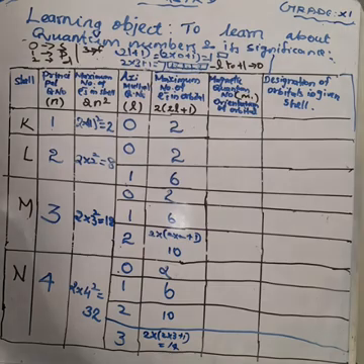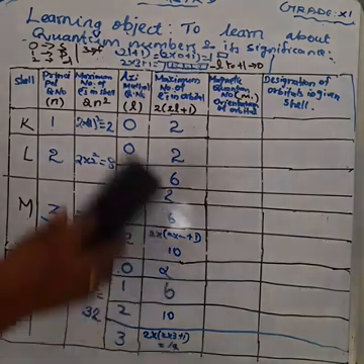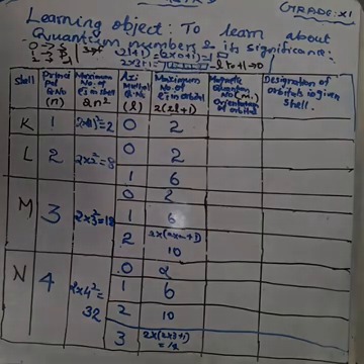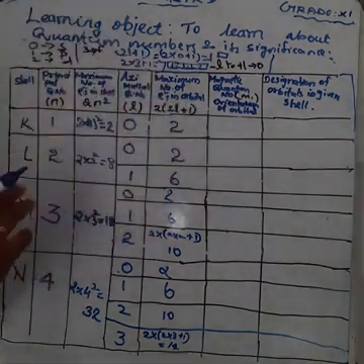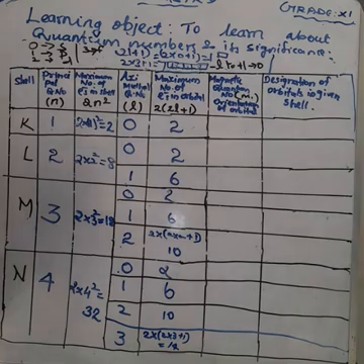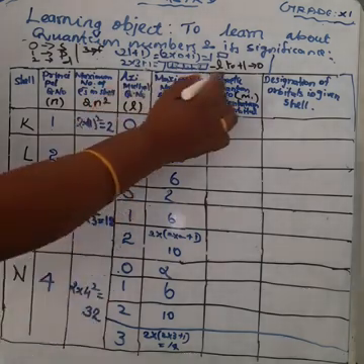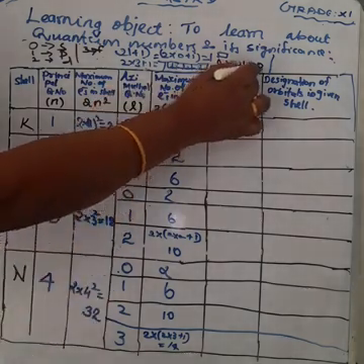orientation of orbitals, the different possible orientations of an orbital. Here, how can we write the orientation? We can start from minus l to plus l through 0.